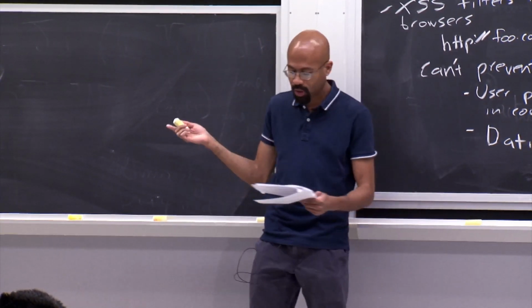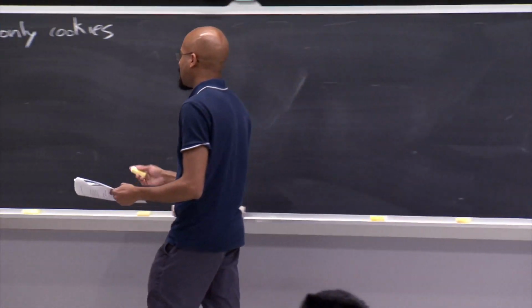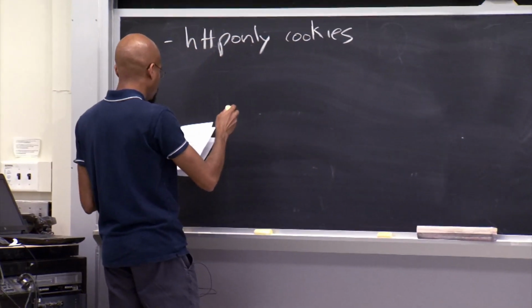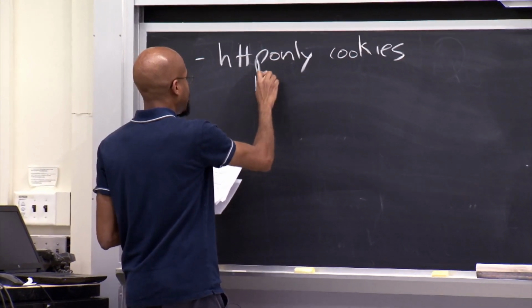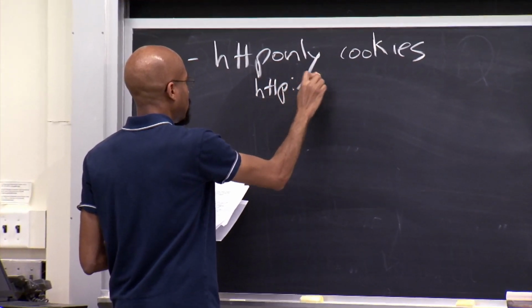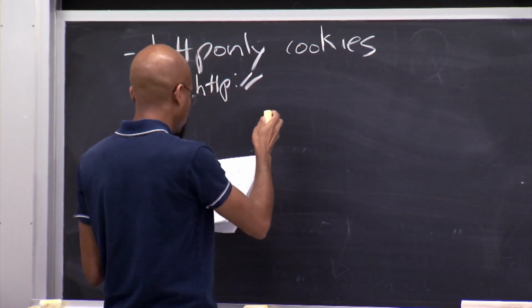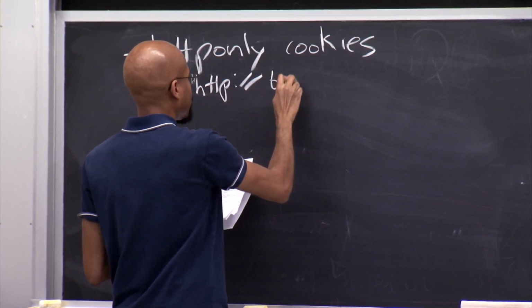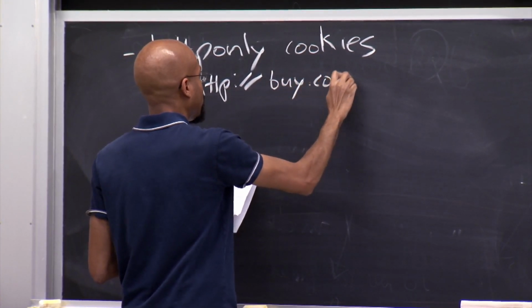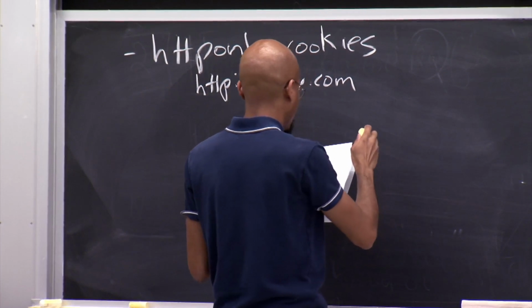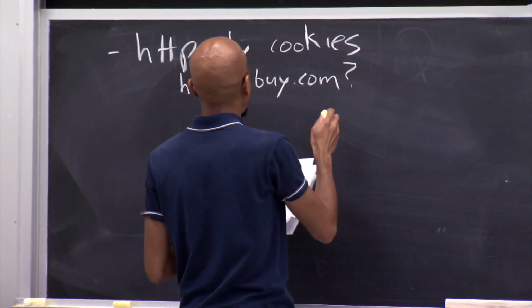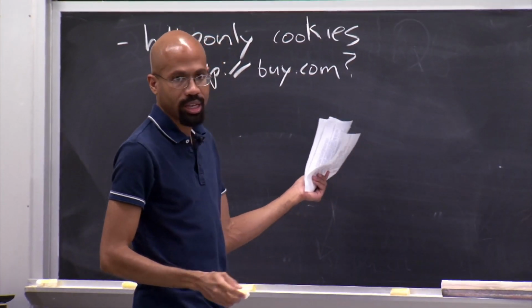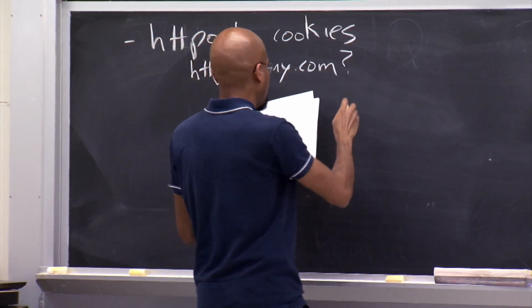This is only a partial defense, though, because the attacker can still issue requests that contain the user's cookie. This was the cross-site request forgery that we looked at in the last lecture. So even if JavaScript code can't manipulate cookies, the attacker can still conjure up a URL to some e-commerce site, let's say buy.com.